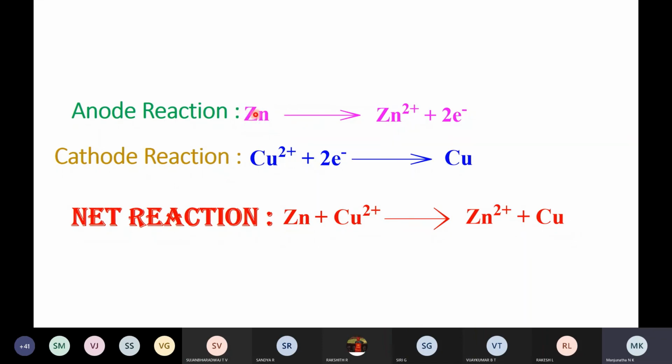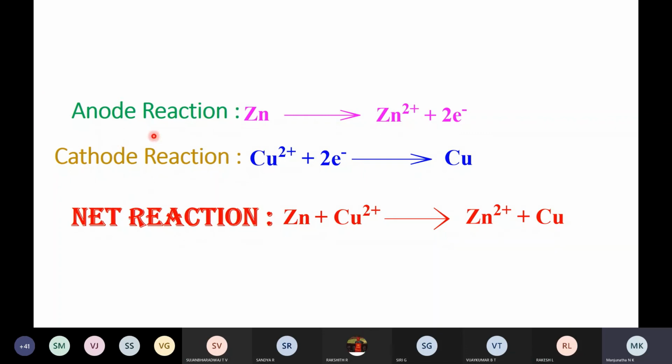Remember this in your mind, because from now onwards we are going to say anode reaction or anode metal or cathode metal like that. We are not mentioning oxidation reaction or reduction reaction. Wherever the anode or anode reaction comes, that indicates the oxidation reaction. Wherever the cathode or cathode reaction comes, that indicates the reduction reaction.